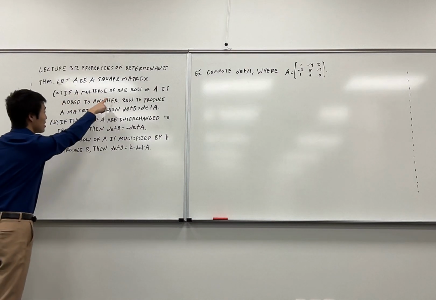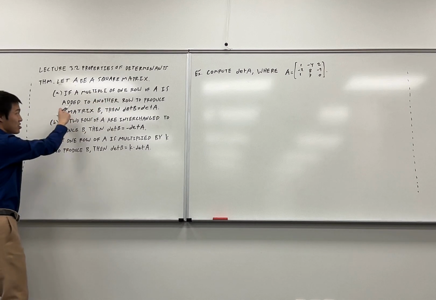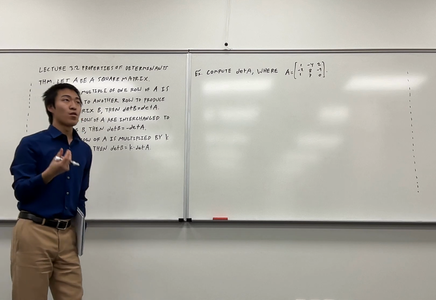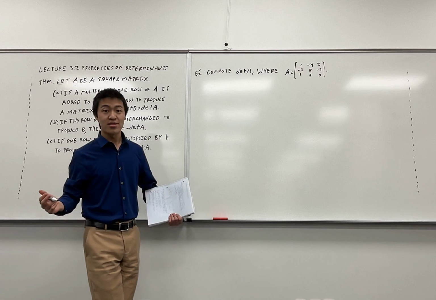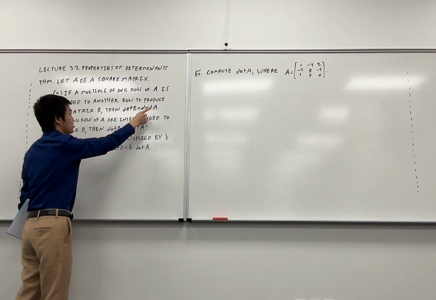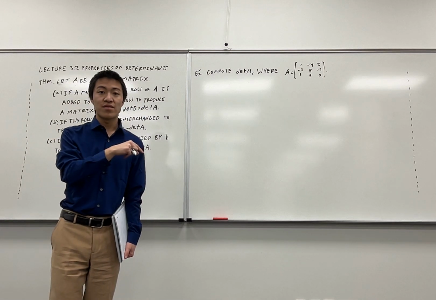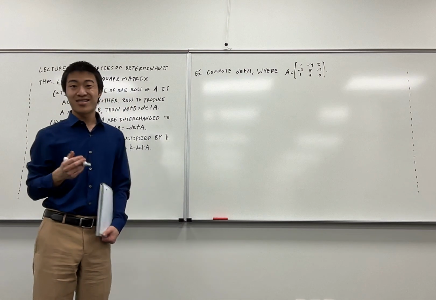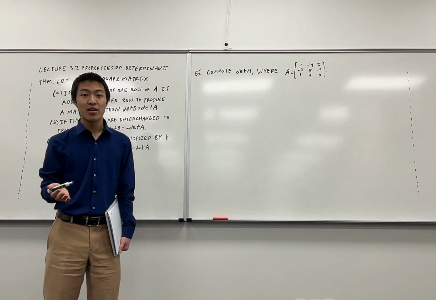And the first thing is, if a multiple of one row of my matrix is added to another row to produce a matrix B, so if I perform that row operation of row replacement and then call the next row equivalent matrix B, then the determinant of B is just the same thing as the determinant of A. I alluded to this near the end of the previous lecture for 3.1. Doing row replacement to a matrix doesn't actually change what the determinant computation ends up being at the end.